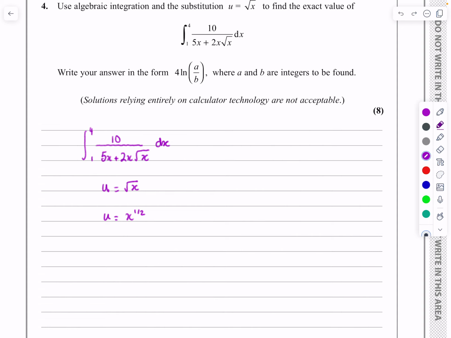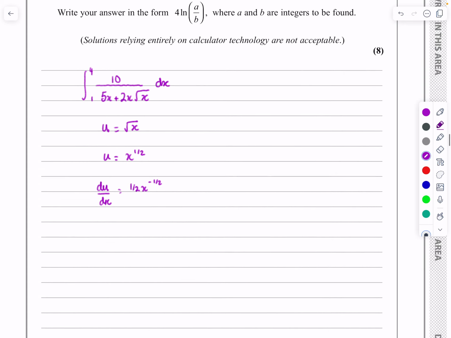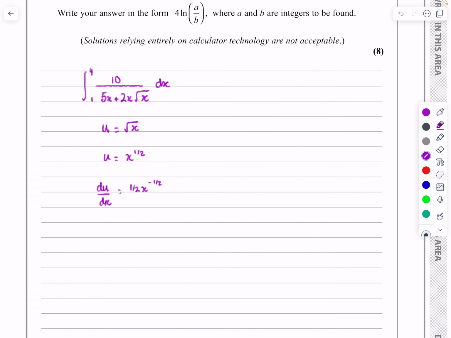So if I've got u equals x to the half, then du by dx, differentiate, we multiply by the power, take one off the power, and now I want to tidy this up and get dx equals from here. So I'm going to get that du equals 1 over 2x to the half dx.